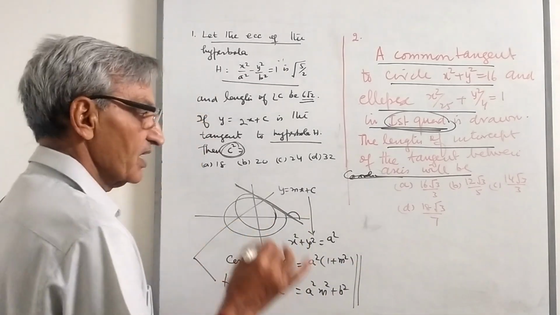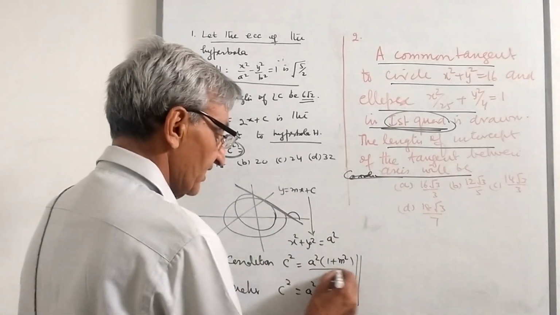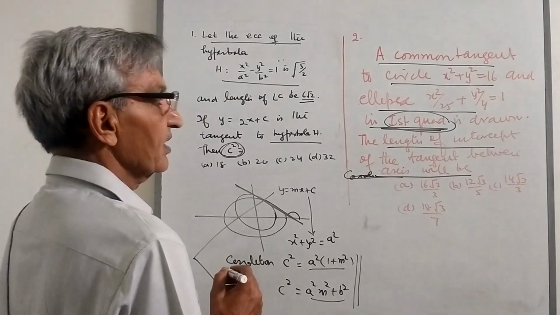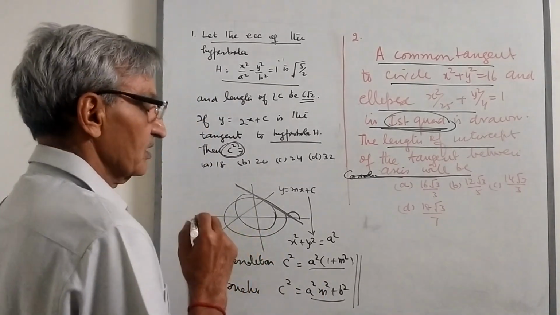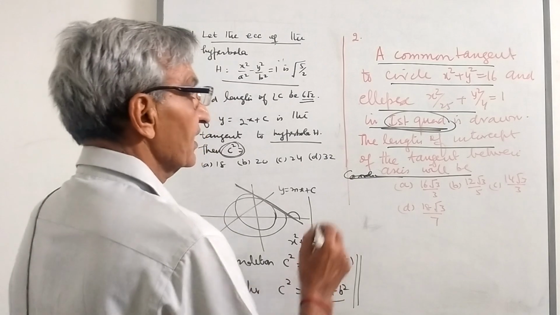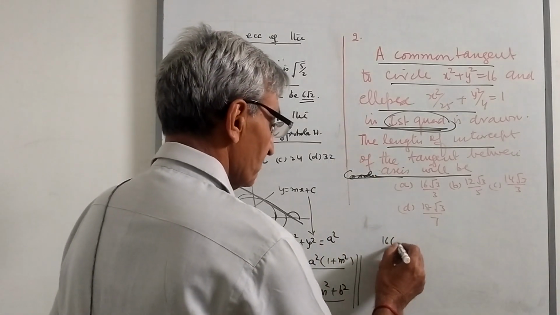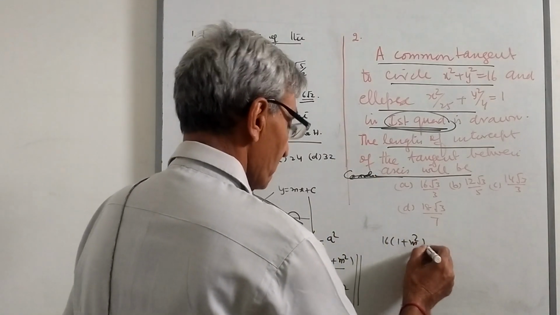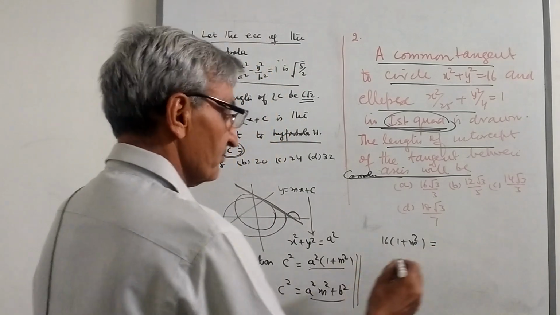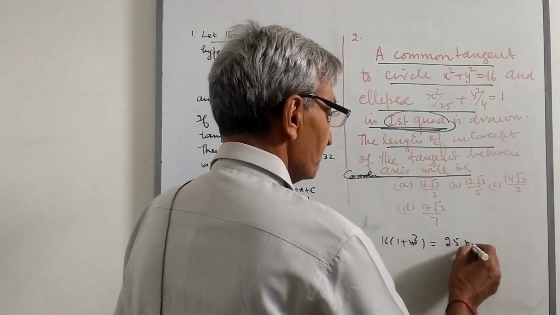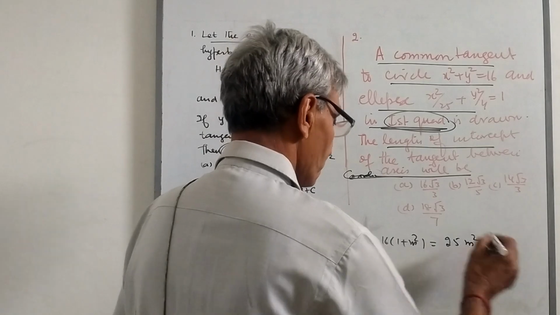It means in this case they must be the same. Now here, a square means 16 into 1 plus m square must be equal to 25 m square plus 4.